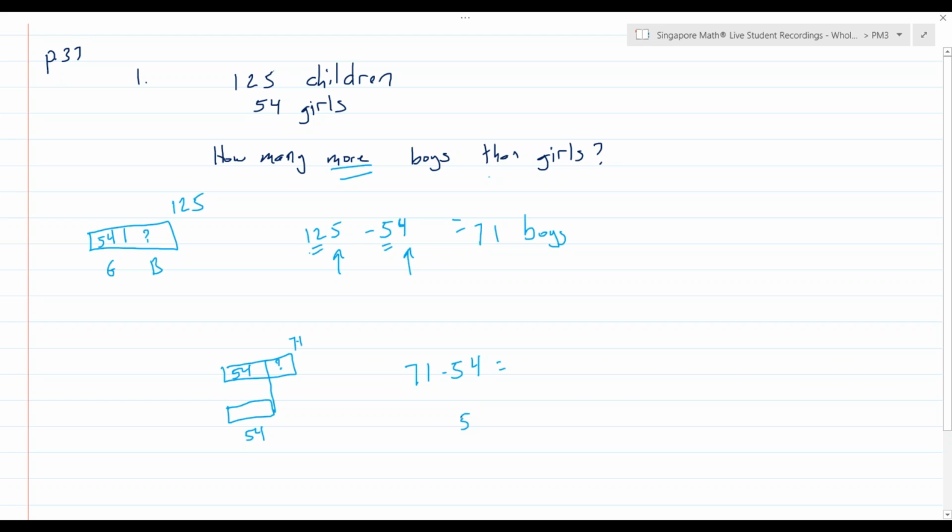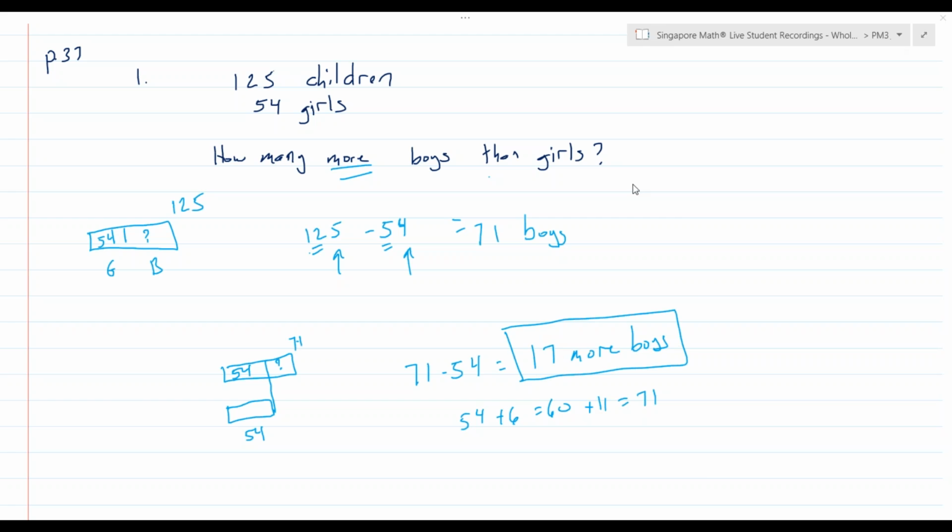I know that 54 plus 6 is 60, plus 11 is 71. That tells me there are 17 more boys than girls. And that's all well and good. That's a good way to work the problem. Can you think of another way to work the problem?